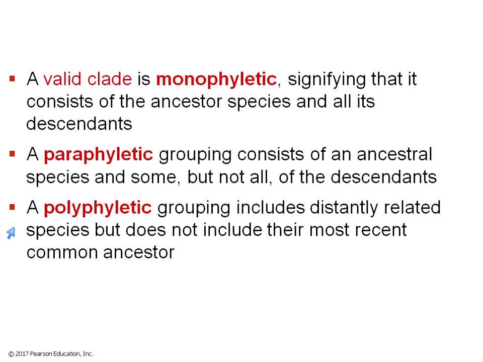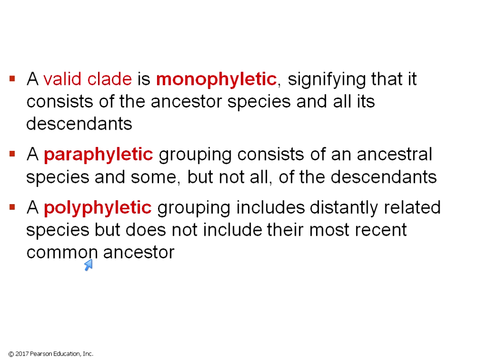Polyphyletic is a tough one because with polyphyletic, you're including a whole lot of species, but you're not including their most recent common ancestor. So poly means many. In that case, you're looking at the possibility of there being more than one common ancestor that may have contributed to that grouping.